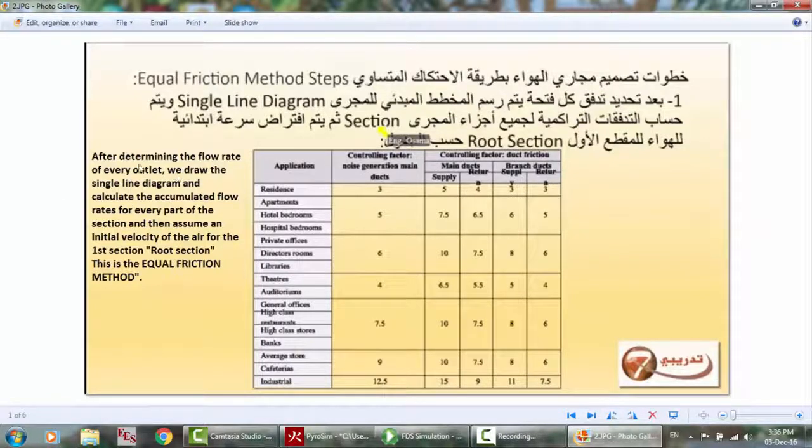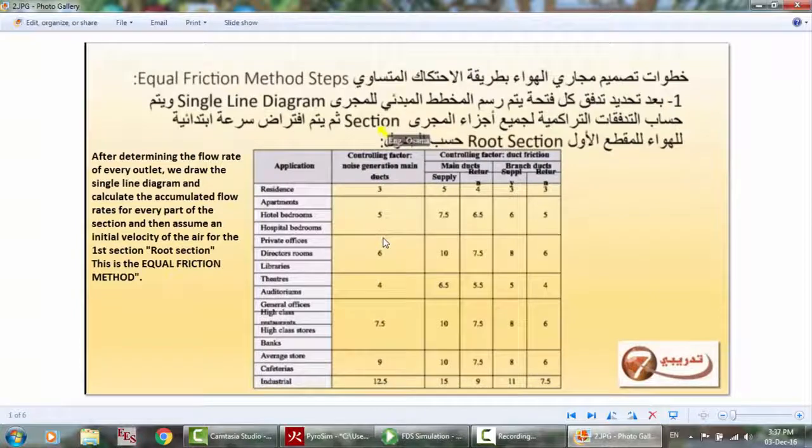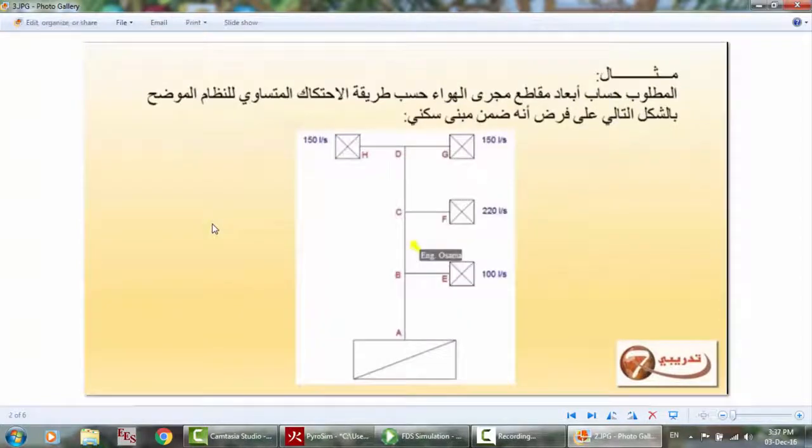Okay. After determining the flow rate for every outlet using the HAP software, we draw the single line diagram like that. This is the single line diagram, and calculate the accumulated flow rates for every part.